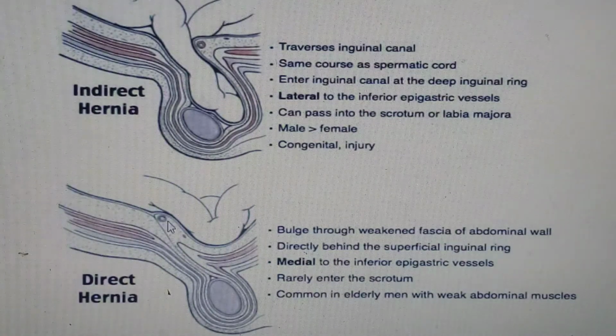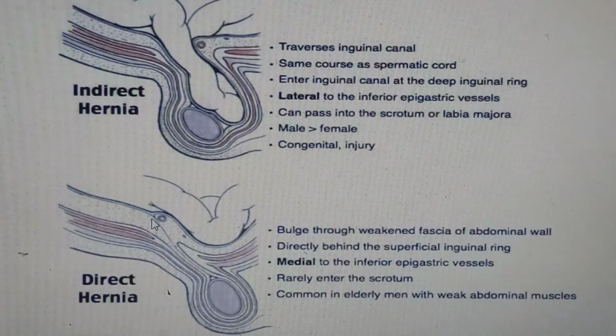Now you can see the same vessel over here. This time around, this hernia type is occurring medial to this inferior epigastric vessel. So let the inferior epigastric vessel be your landmark. Whenever there's a clinical case study, they can give you a whole lot of information.